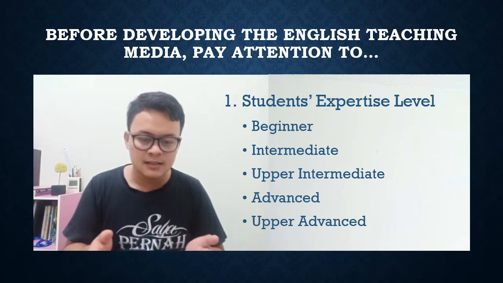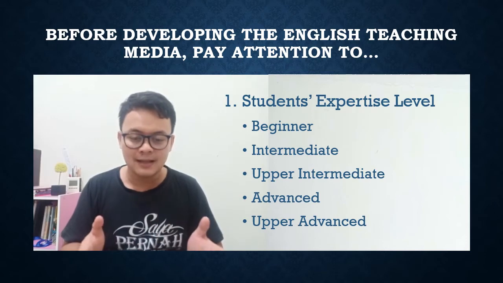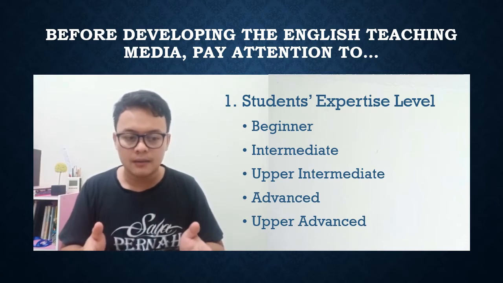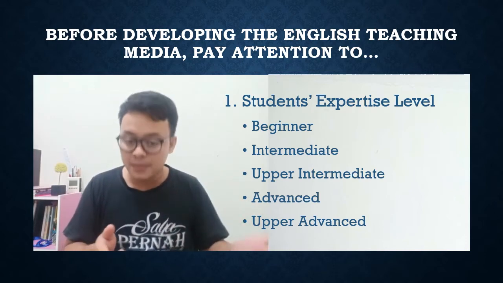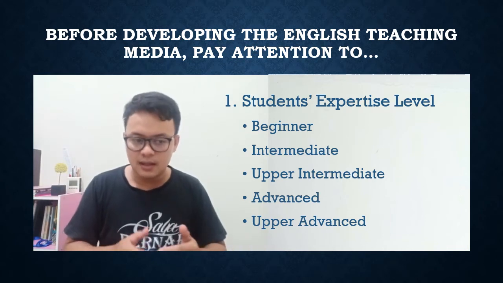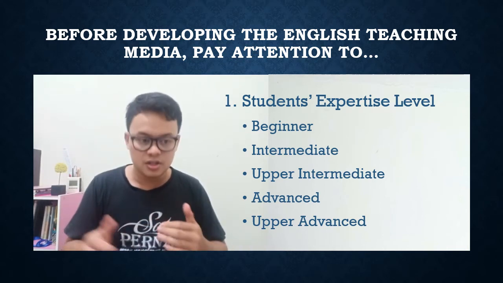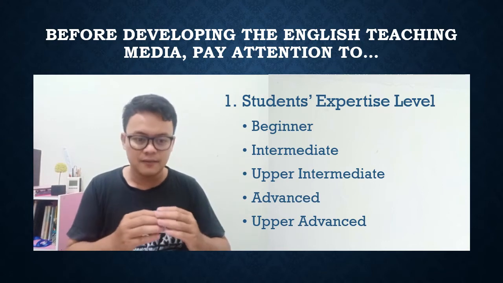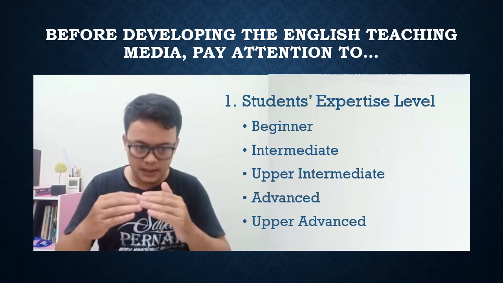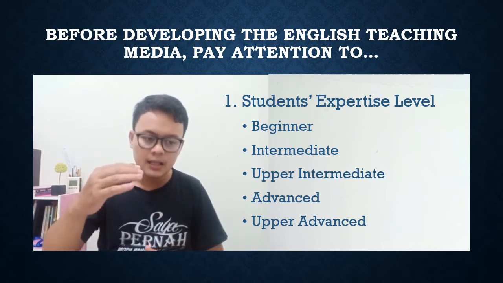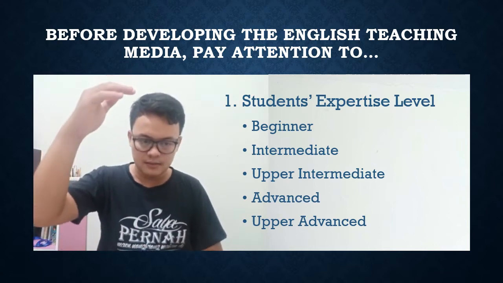So advanced has more complex material compared to upper intermediate, for example, right? So it's like the stage, like the stairs, starting from the beginner, intermediate, upper intermediate, advanced, and upper advanced, right?